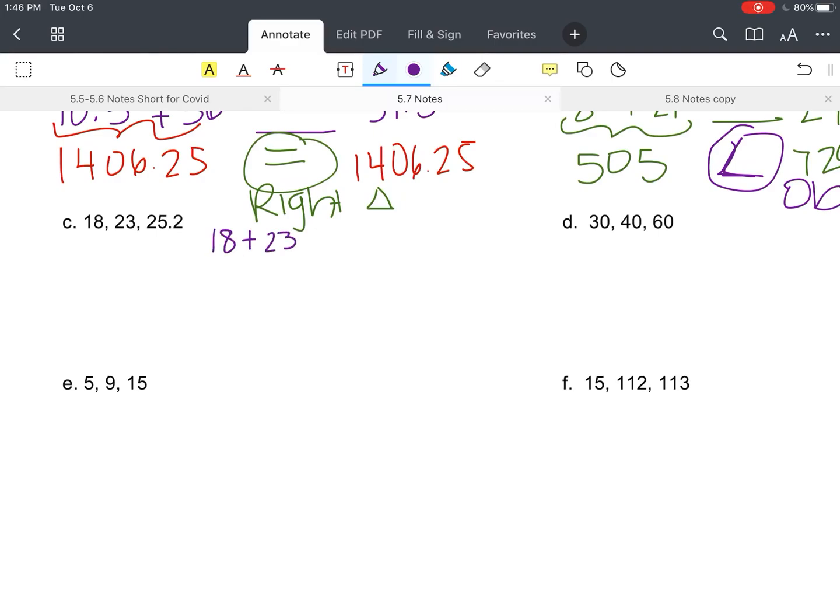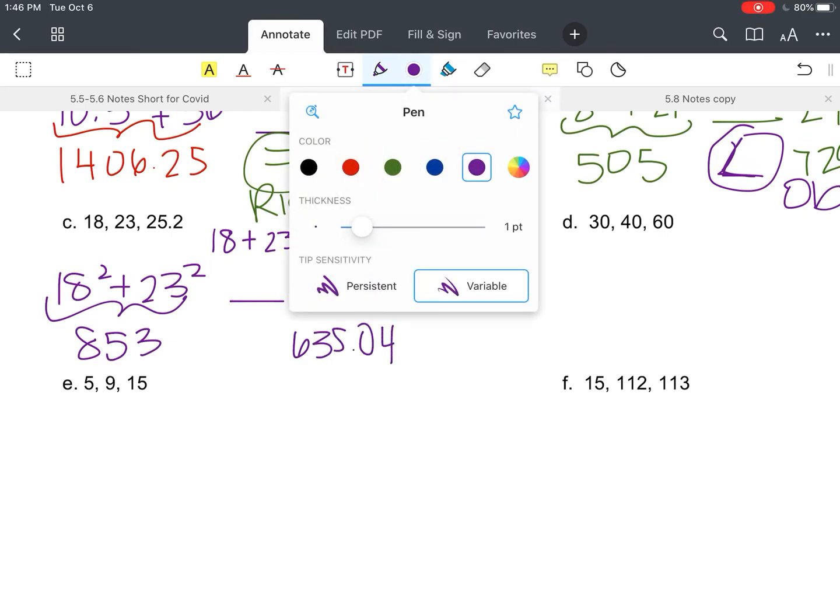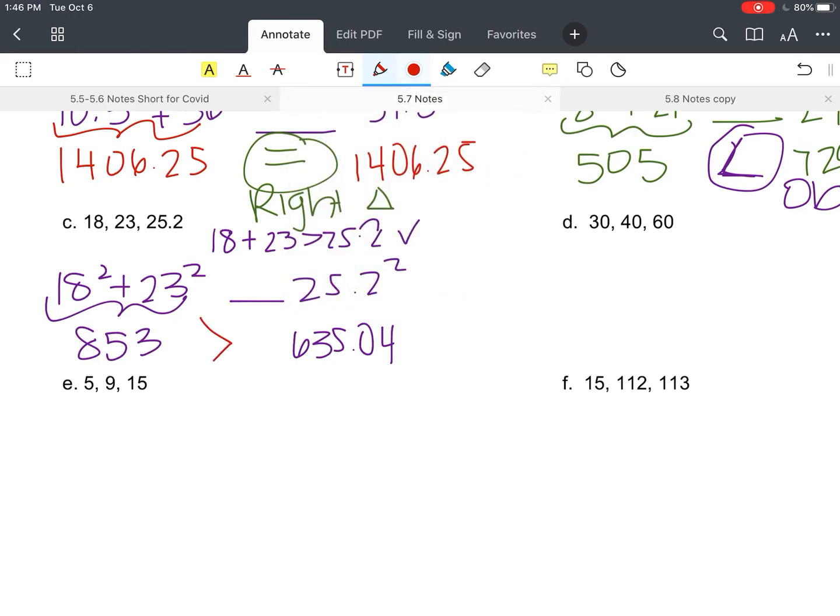So let's try the same thing for letter C. Again, is it a triangle? So first check, is 18 plus 23 bigger than 25.2? It definitely is going to be. So now let's square everything and compare. 18 squared plus 23 squared, compare it to 25.2 squared. A squared and B squared added are going to be 853. 25.2 squared is 635.04.